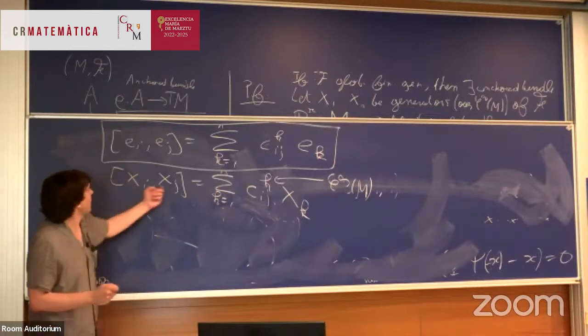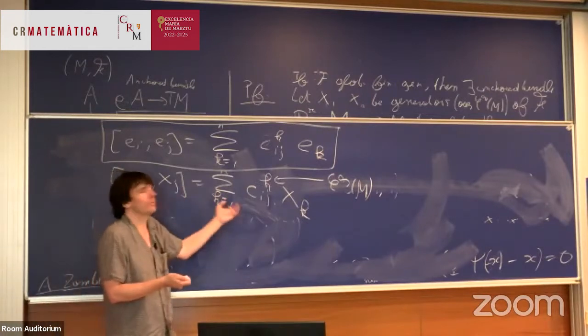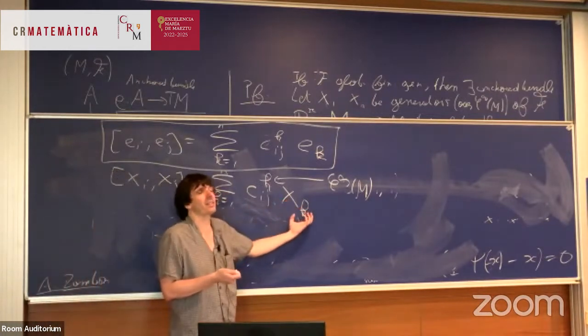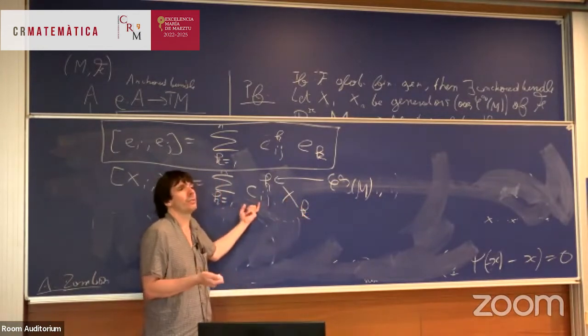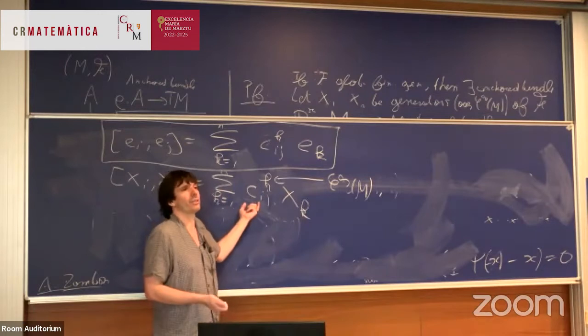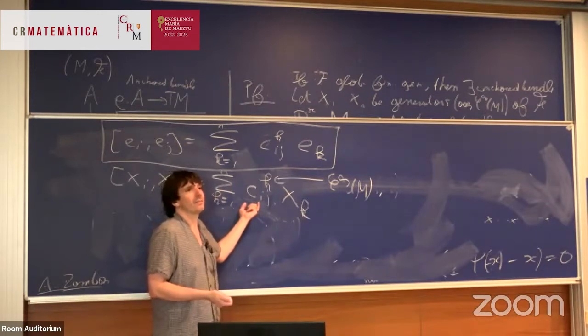All I know is that the bracket of x_i and x_j is in F, so it's some linear combination of the x_k, but I have no condition a priori on these coefficients.